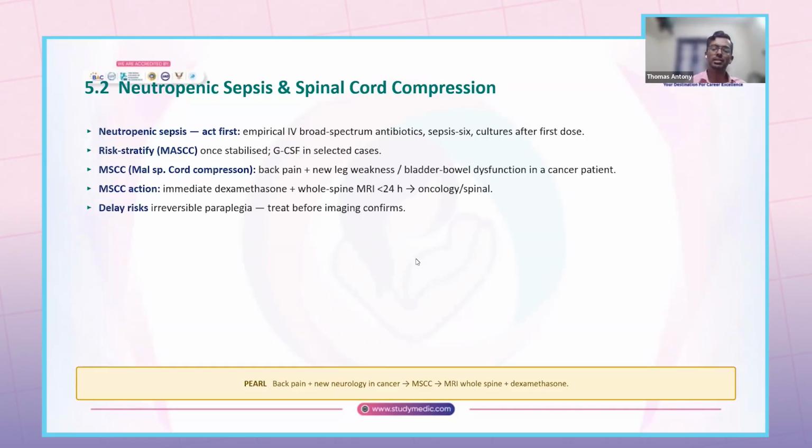MASCC is the Multinational Association of Supportive Care in Cancer. This predicts the risk of serious complications. If the patient has a high MASCC score, then the risk of serious complications is low. If it is low, the patient may not be suitable for early discharge or oral antibiotics.